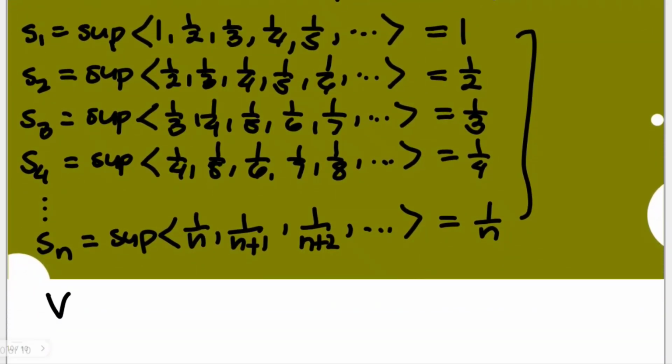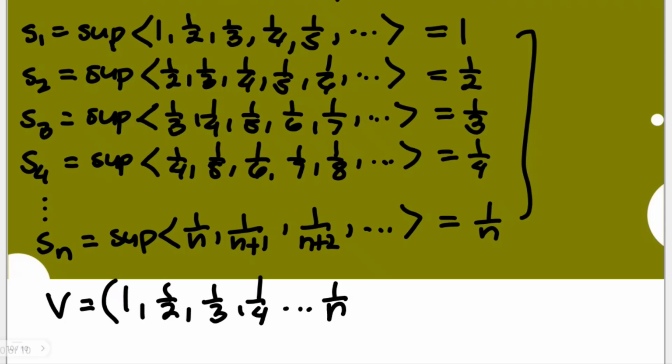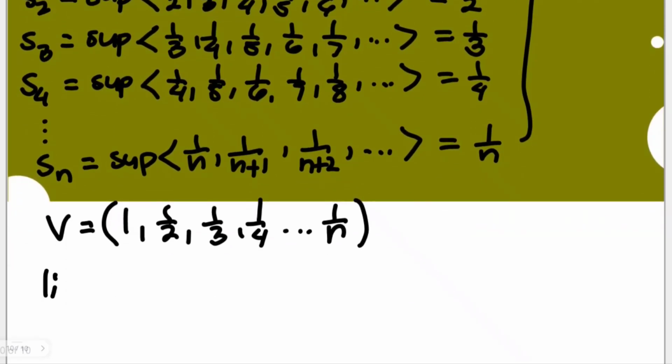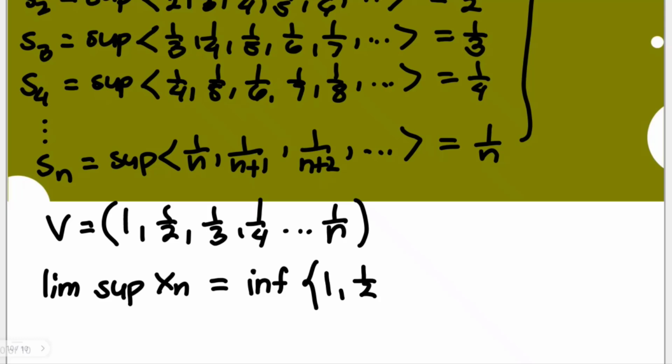Now, collecting all of this, that is our set V. Set V is a set containing all of this: 1, 1 half, 1 third, 1 fourth, until 1 over n. Now, the limit superior of x sub n is equal to the infimum of this set: 1, 1 half, 1 third, 1 fourth, until 1 over n. That is the idea here. It's the infimum of this set.